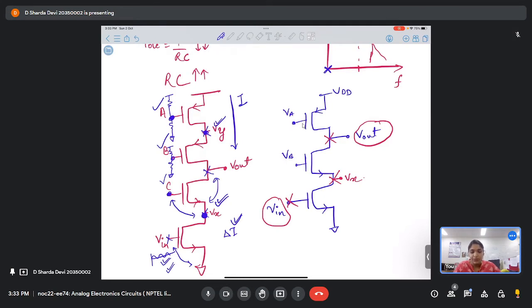So when we talk about AC nodes, we are looking for those nodes which will be able to adjust themselves to the change in current that comes into the picture because of that input disturbance. That is the basic idea of an AC node.